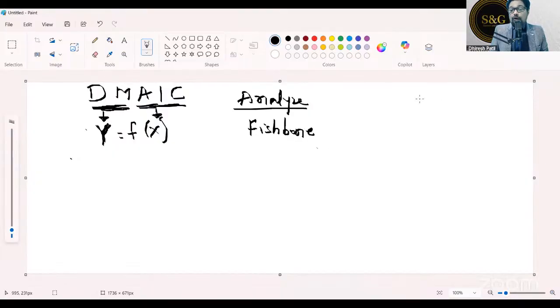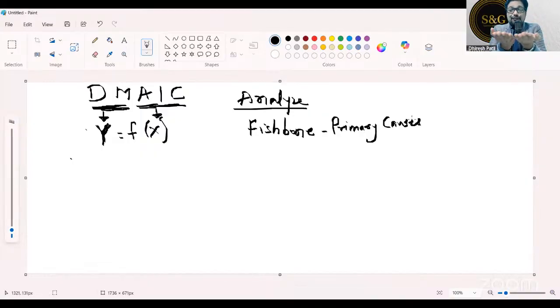Okay, so Fishbone, what do we get in Fishbone? What is the output of Fishbone? It is primary causes. What do you mean by primary causes?